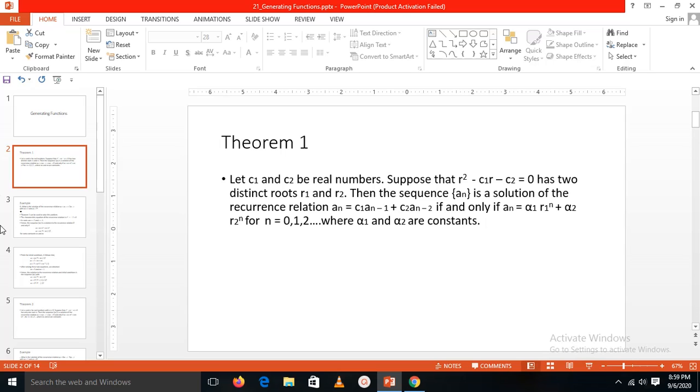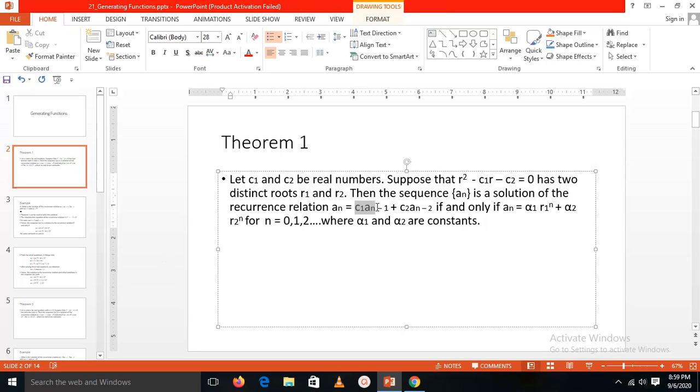So this is our recurrence relation, and for it a_n is the solution, but one condition is there: if and only if a_n equals alpha 1 r1 raised to n plus alpha 2 r2 raised to n. If this condition is satisfied, then and only then can we say that a_n is a solution of this recurrence relation. Okay, so by using this first theorem, let's see one example.